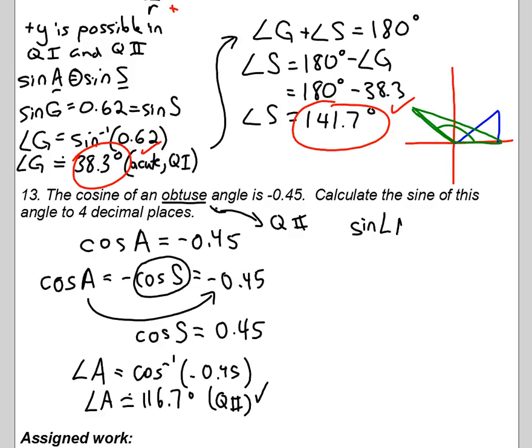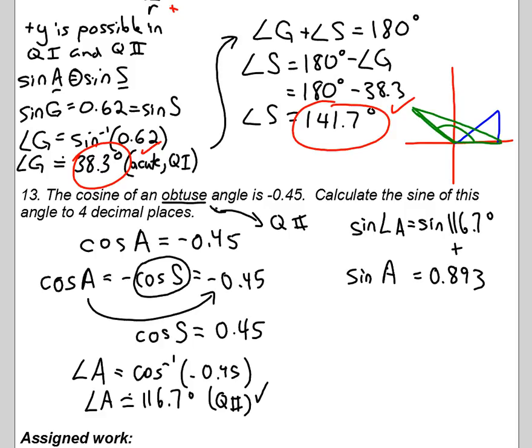Sine of angle A is sine of 116.7 degrees. Now, 116.7 degrees is in quadrant 2, but we know that sine is positive in quadrant 2. It's also positive in quadrant 1. Doesn't really affect the math of this. We're just going to take the sine of that answer, which is 0.893. So sine of that angle A is 0.893.